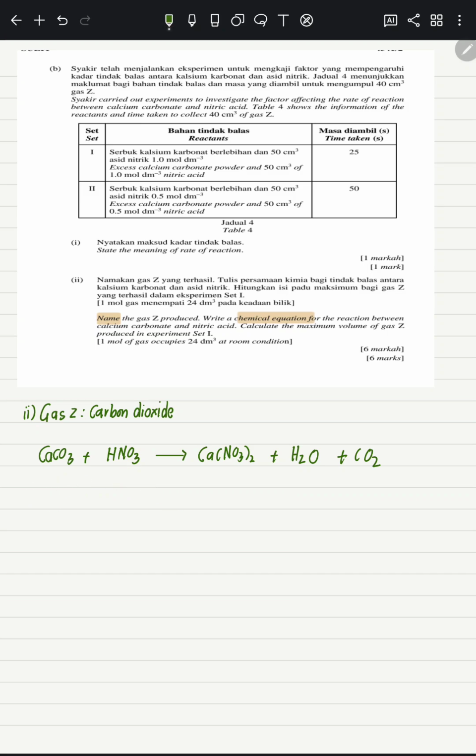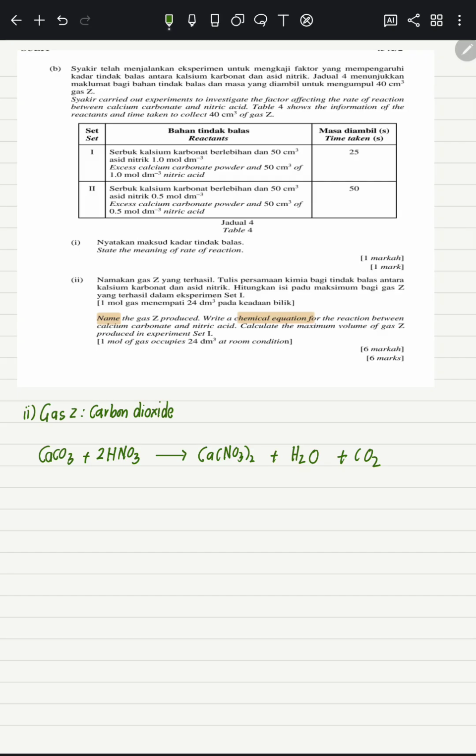The property says that you will produce one salt, water, and also carbon dioxide. So that's why I put water and carbon dioxide. Doesn't matter whether carbon dioxide comes first or water comes next, but make sure both of them are on the product side. And then you have to balance your equation. So you put 2 here, and then you are done.